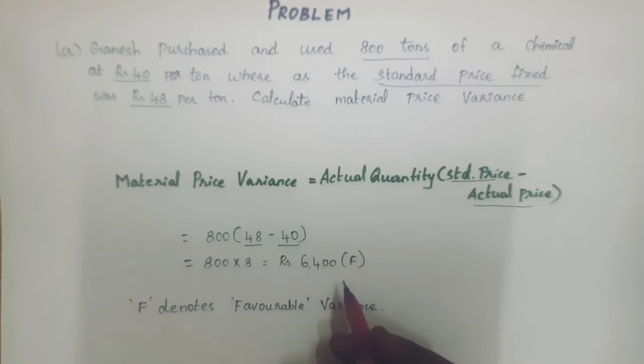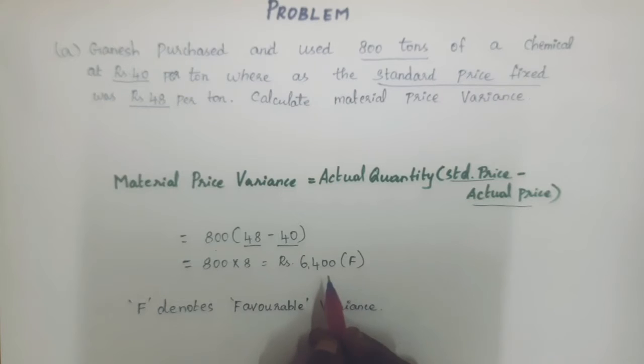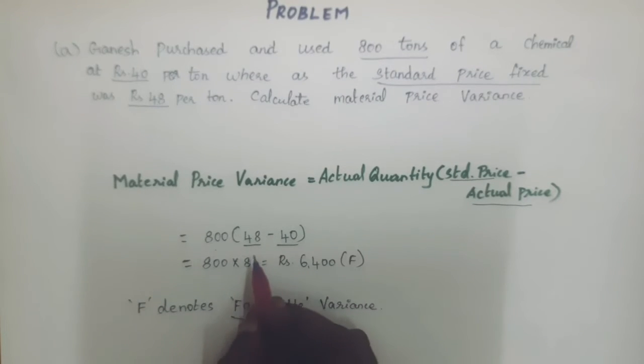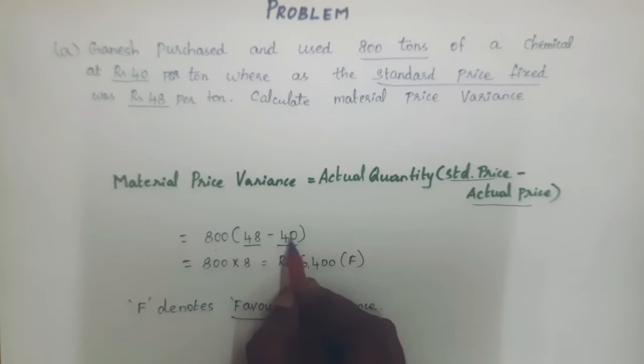If the result is positive, which means there is no negative symbol in front of the number, then we should say it as F. F means nothing but favorable. Take for example, if suppose here we have the amount 40 and here we have the amount 48, we will get the answer as minus 8 and the answer would be minus 6400.